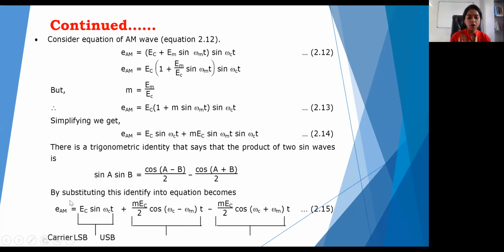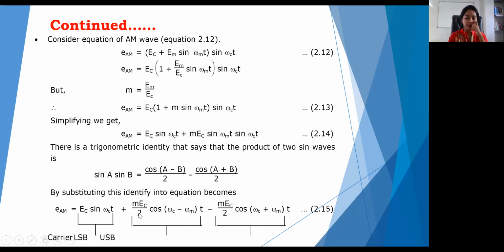After substituting this formula in the upper equation, look carefully, what is the upper equation? Here we have the upper equation like this. We keep the formula for sine A sine B here. EC sine of omega ct we have kept constant, and here we apply the formula for sine A sine B, which looks like cos of (A minus B) by 2 minus cos of (A plus B) by 2.